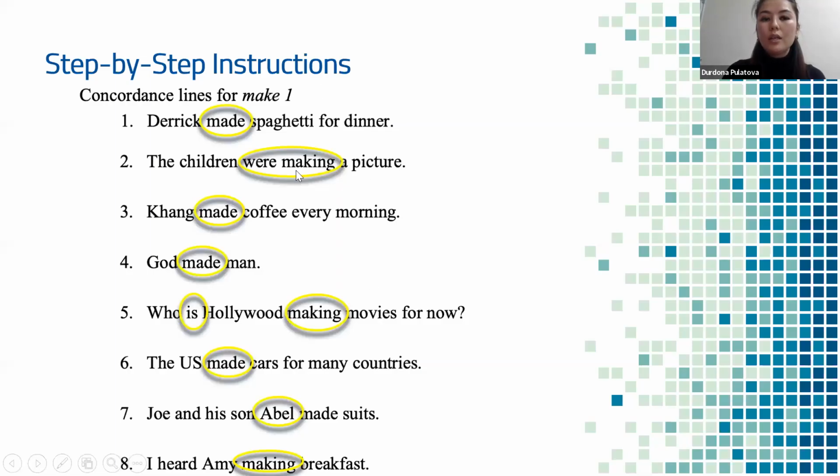The first task was that the teachers or the students should circle any forms of make, and then underline the next word after make, as you can see. In this way, they can discover the linguistic feature.